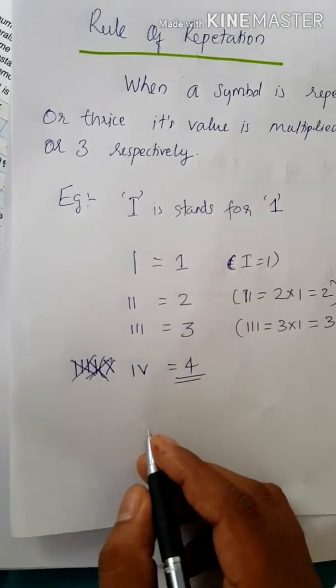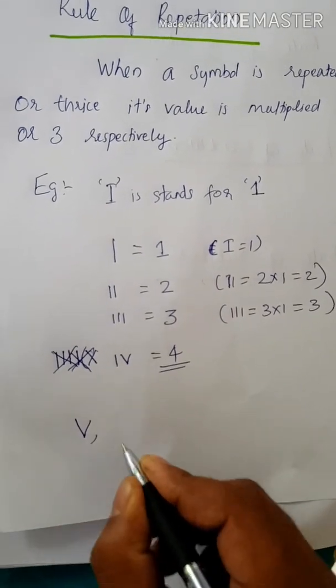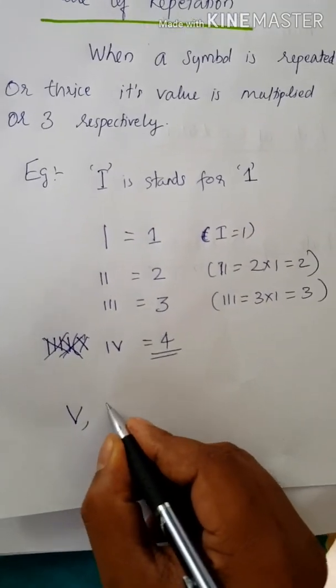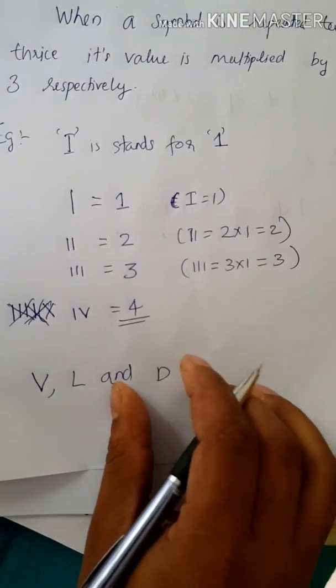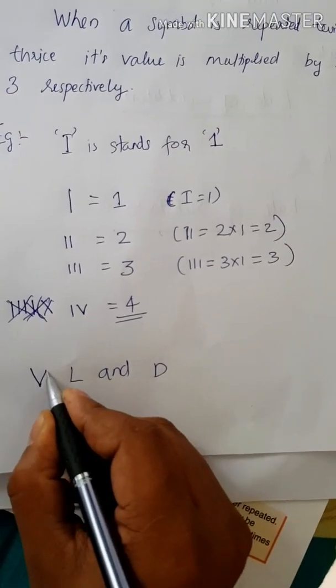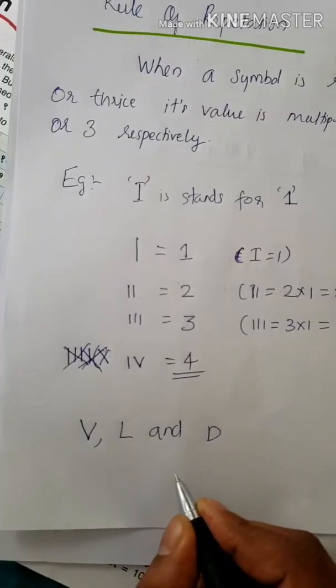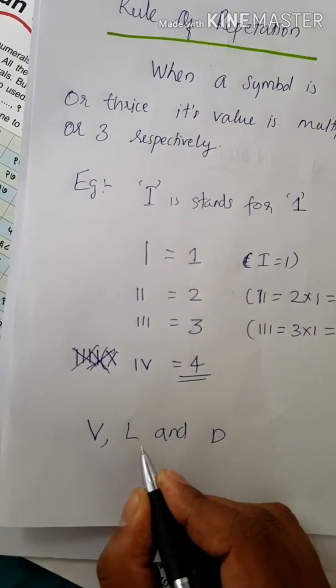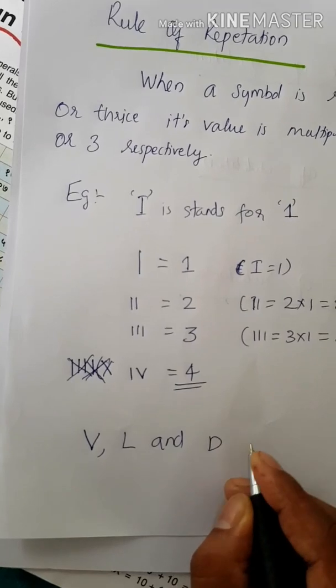And students, one more thing, symbols V, L and D. V means 5, L means 50 and D is equal to 500.